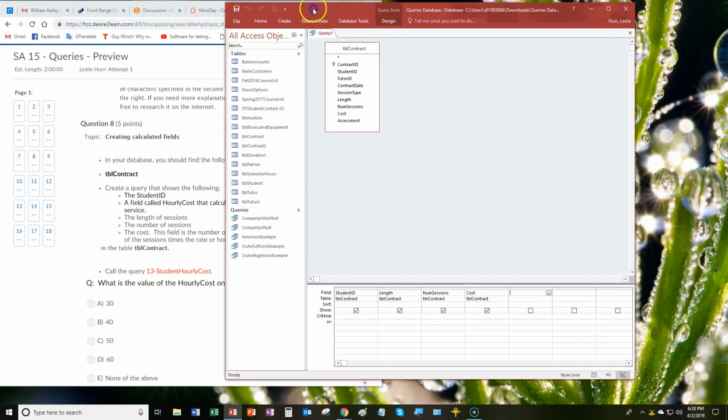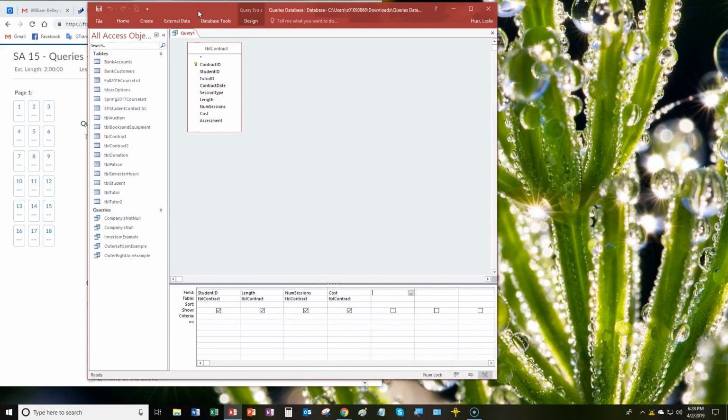Well, in general, you would probably be thinking about, okay, this is my overall cost, and then here it's saying length, and it's length in hours, and the number of sessions. So you got to think through this a little bit.